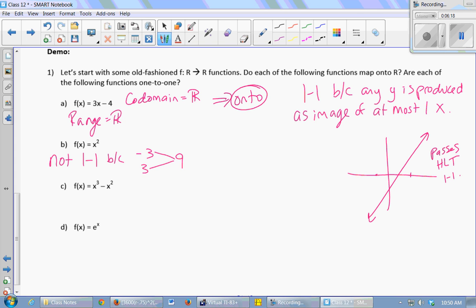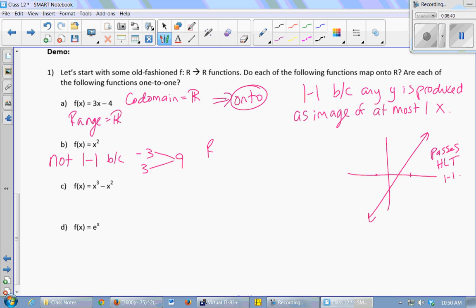All right, is it onto? No, because what's the range of x squared? Just positive numbers, 0 to infinity. That's not the codomain. The codomain is all real numbers. The range does not equal the codomain. You can't produce any y value you want using this function, right? Because you can't produce negatives.